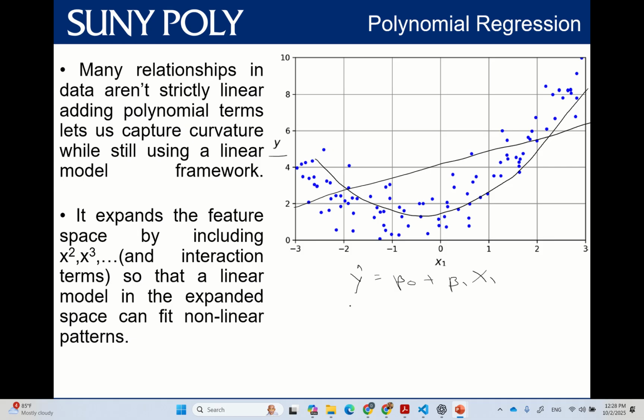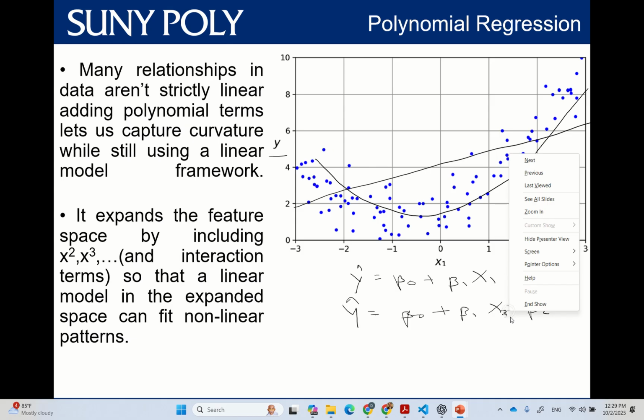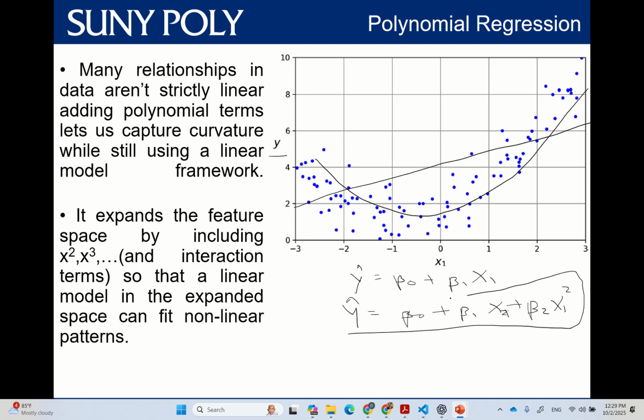But we can try a second one using polynomial regression, which is going to be beta 0 plus beta 1x1, and we add here a quadratic term, b2. I'm sorry, this is x1. I don't know why I said x2. There's only one feature here, so x1 squared. So this is our second model.